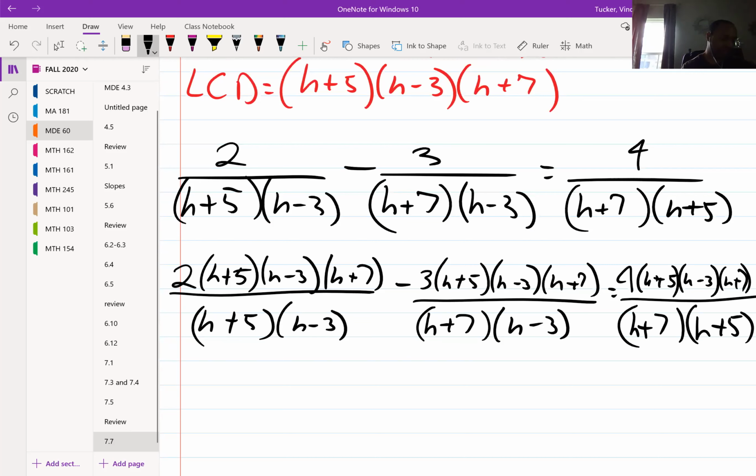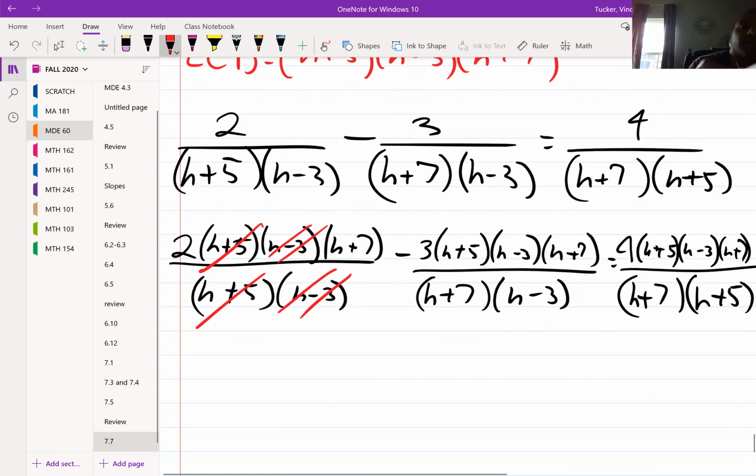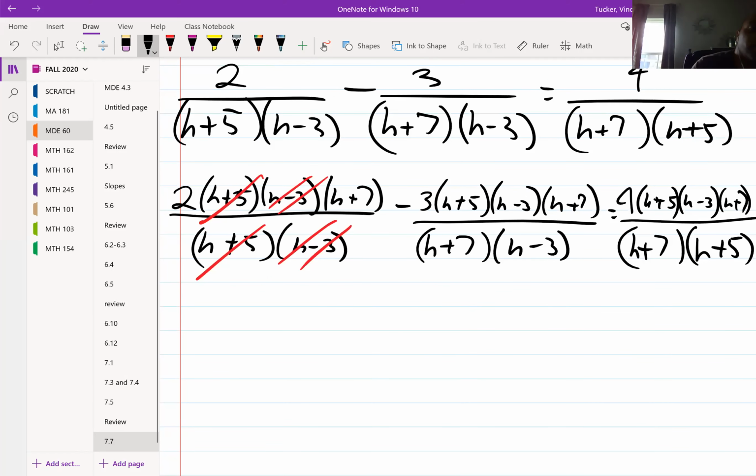Now, what's the easiest way to do that? Do I have to take that 2 and multiply it to each one of those in the parentheses and just keep going? No, well, remember the whole reason that you find the LCD is so that you can cancel out these denominators. Yeah, cancel out the 5 and the 5. See, I forgot a step. 3 and 3, that leaves me 2 times h plus 7.